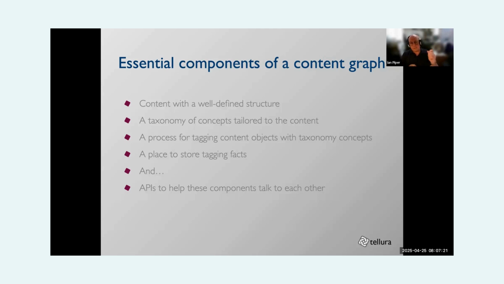But a key point, if we're talking about content graphs, is that the taxonomy of concepts should be tailored to the knowledge domain of the content that you're working in. You need a process for tagging your content objects with taxonomy concepts. This is something that surprises me.